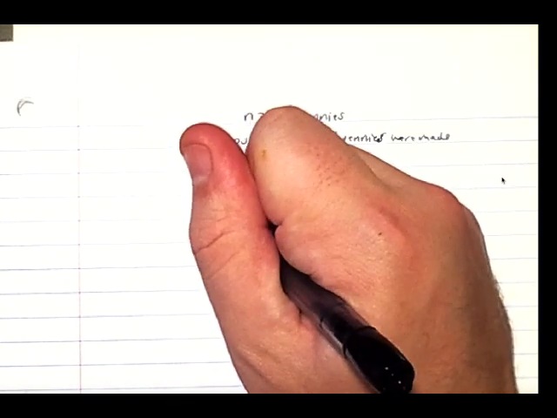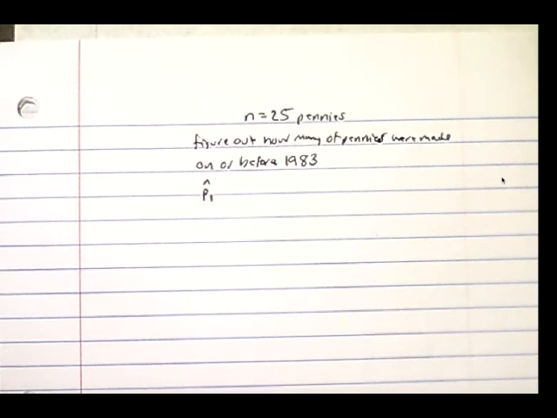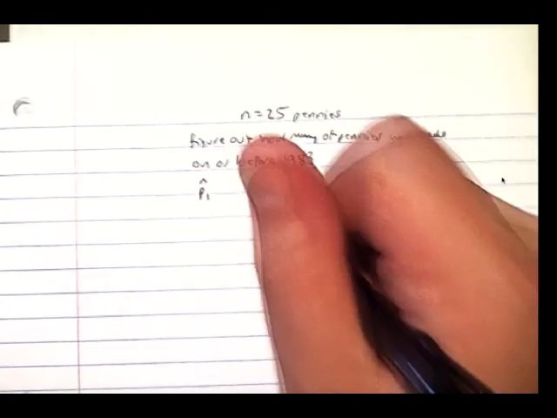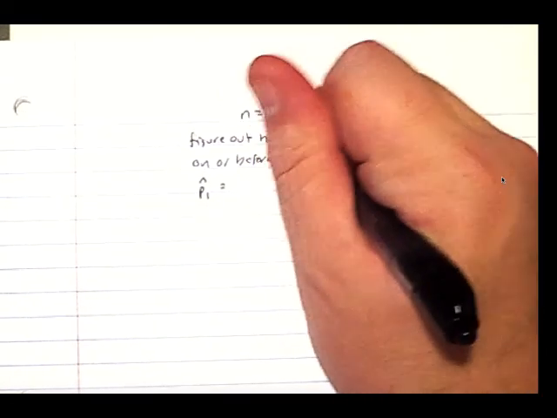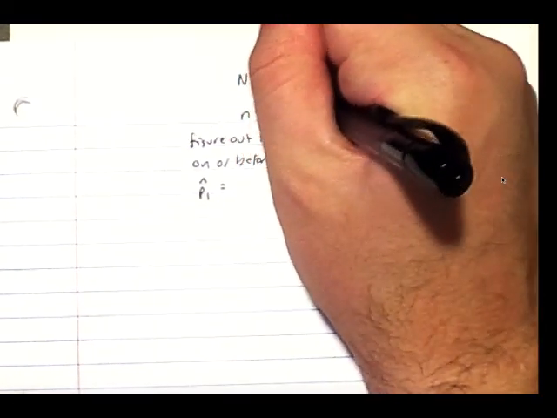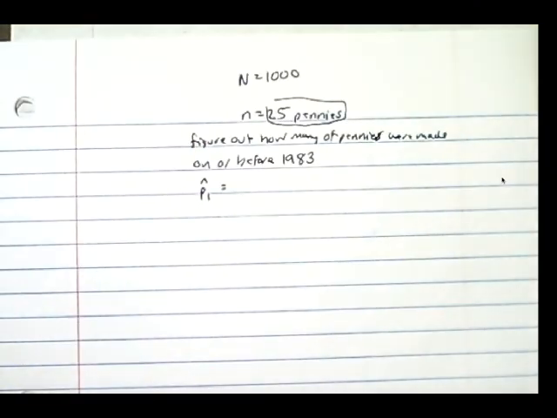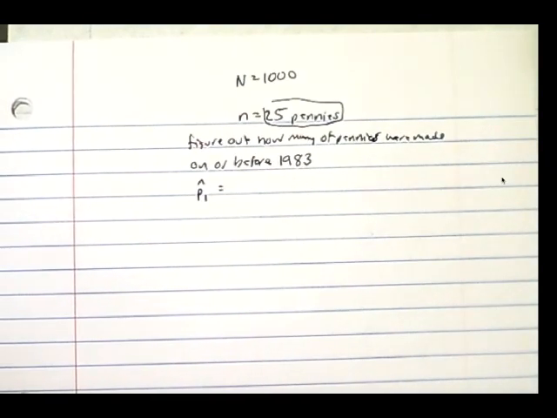After you did that, I said divide it by 25. What you have been finding are different p hats. You've been taking samples of 25 pennies out of the same 1,000 pennies that are in the bucket.